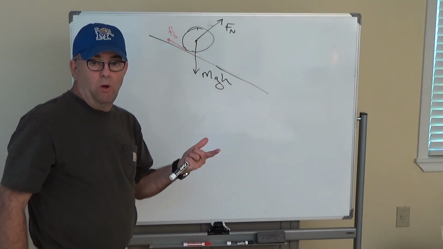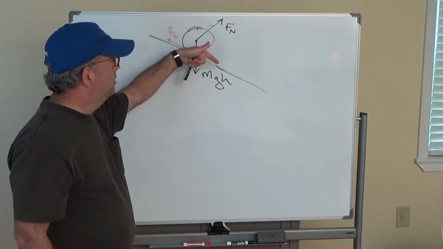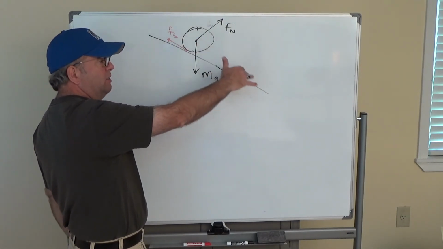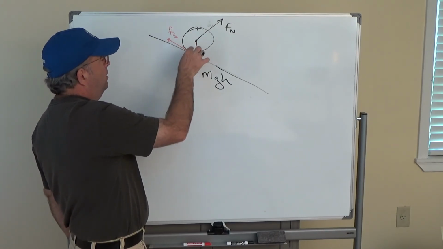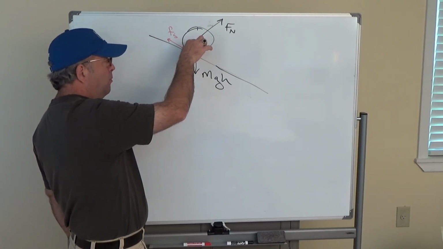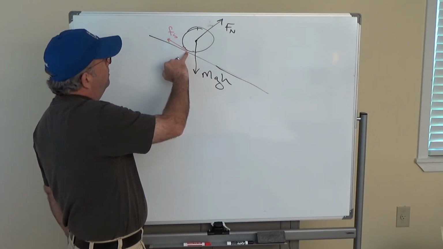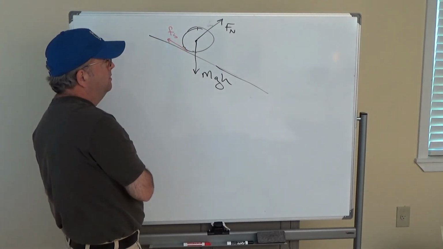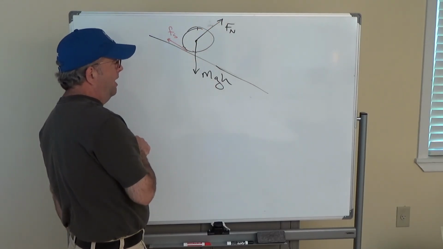So, since this is rolling, we need to pay attention to its translational motion and rolling motion. So we need to pay attention to the forces acting, the translational forces, and the torque. About the center, because it's going to be rolling, it's about this center. There's a torque here due to the static friction force. Are there any other torques? No. This force is not providing any torque.